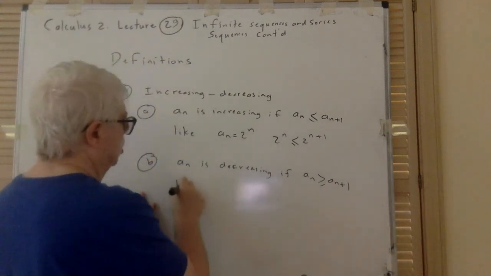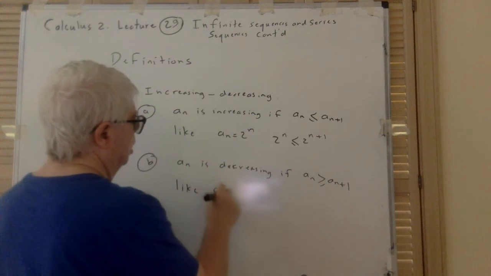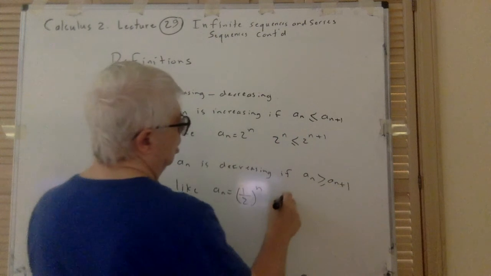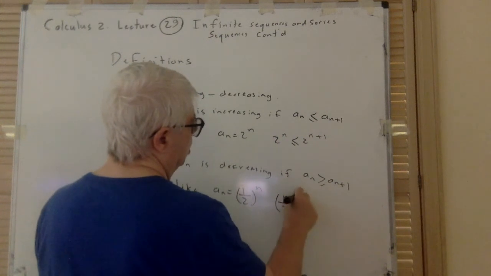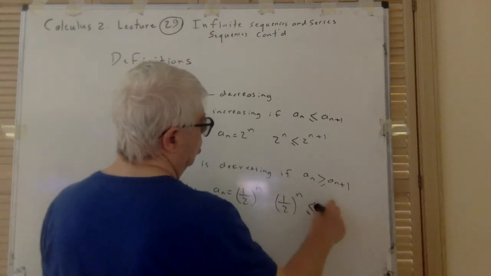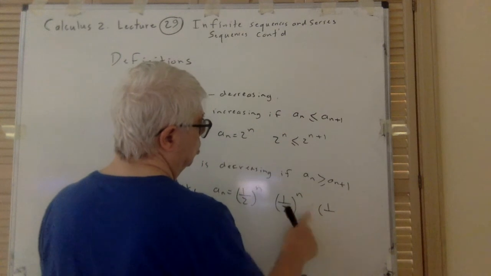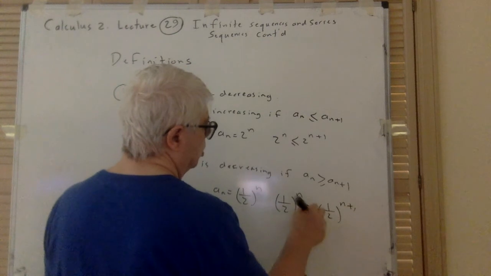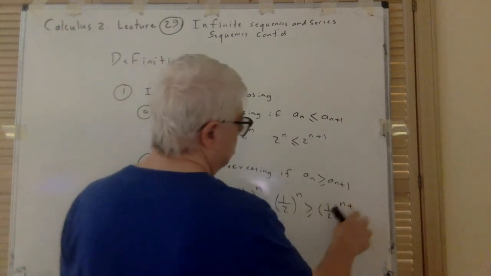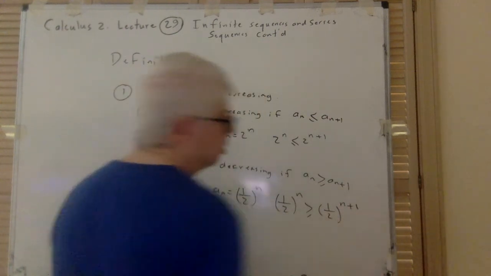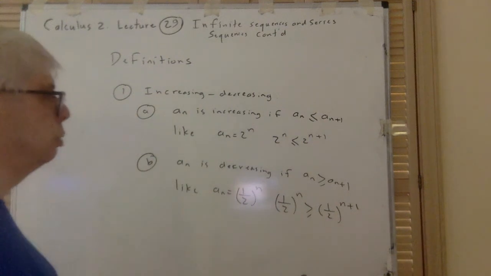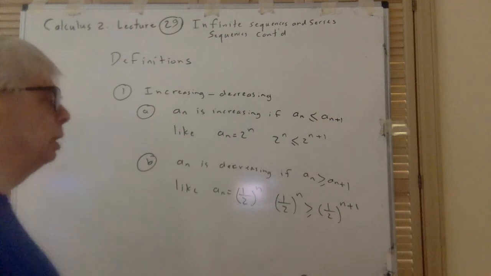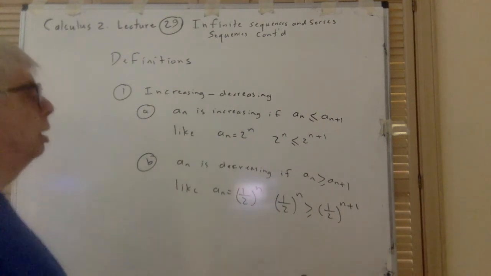For example, a_n equals 1/2 to the power n, since 1/2 to the power n is greater than or equal to 1/2 to the power n+1. That's in fact the reason this goes to 0, because it's getting smaller and smaller. In many cases, not always, a decreasing sequence goes to 0.